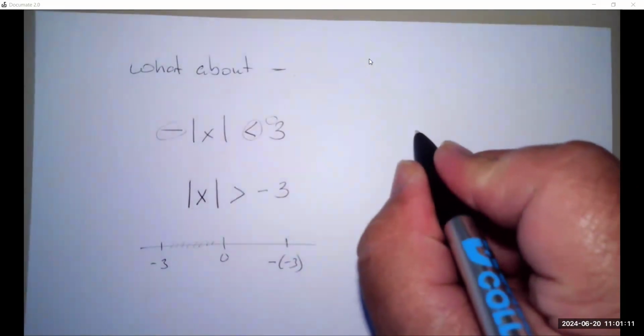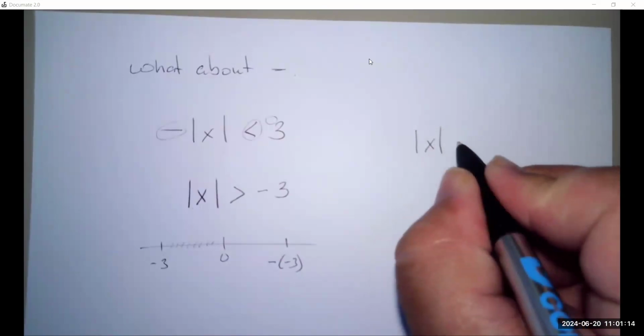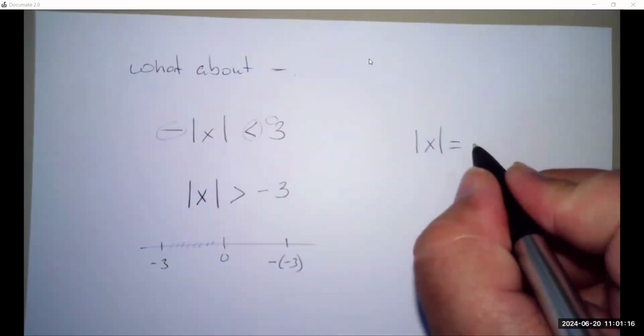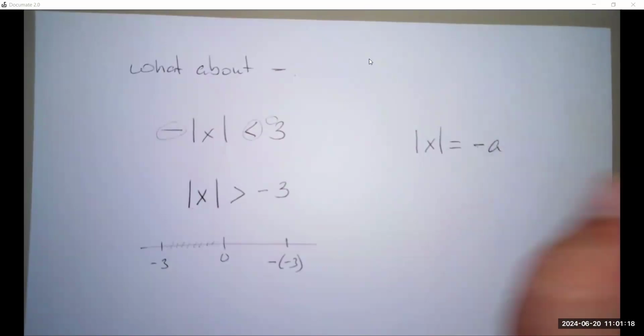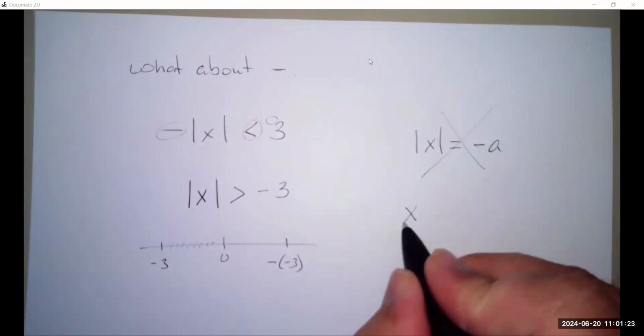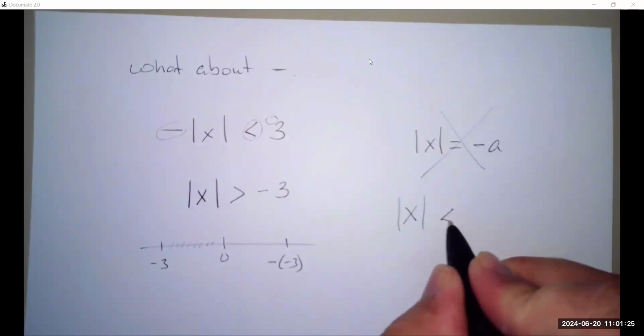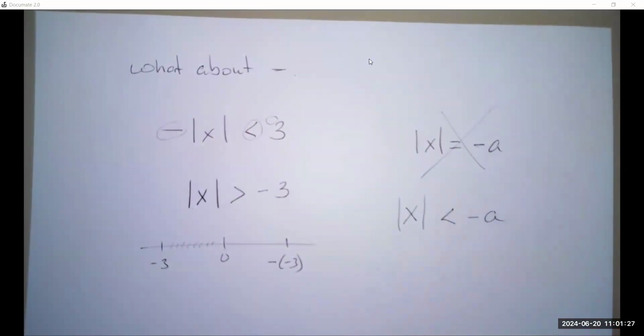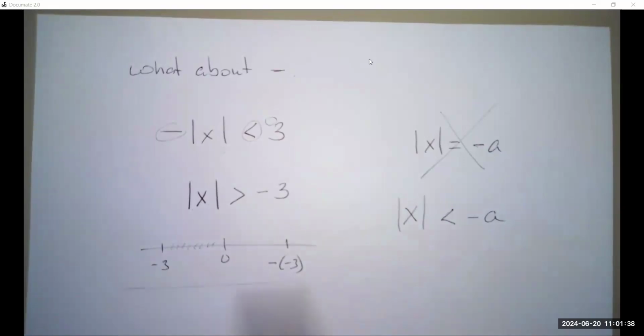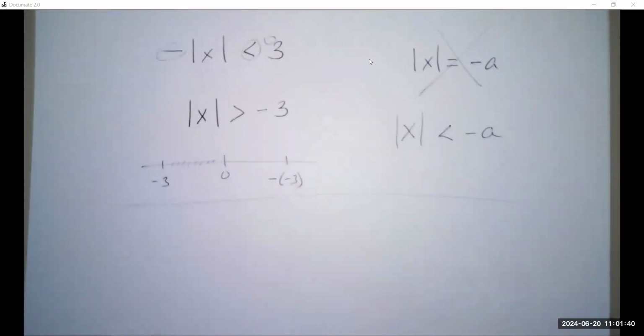So you see, this is not working. So basically what it says is absolute value signs cannot equal a negative number. So absolute value of x cannot be less than some negative number. So be very careful.